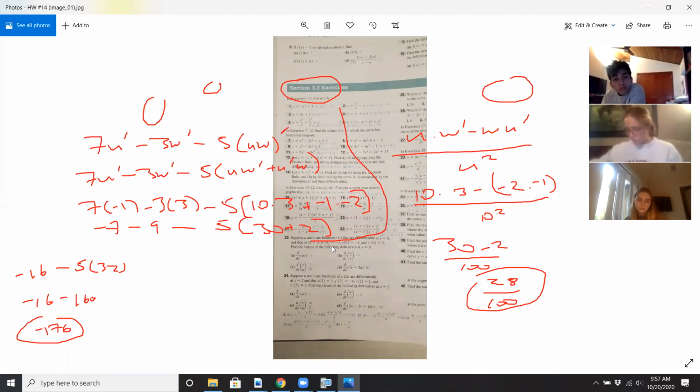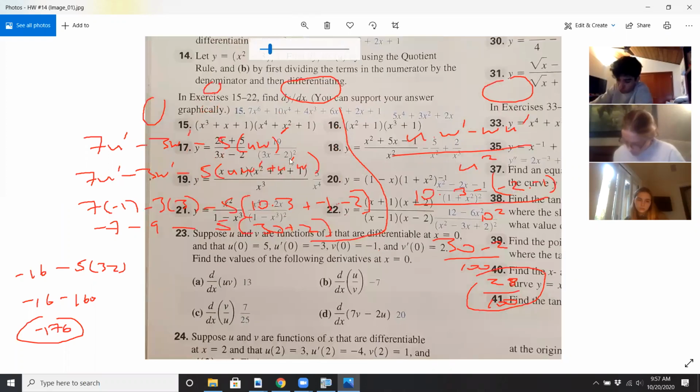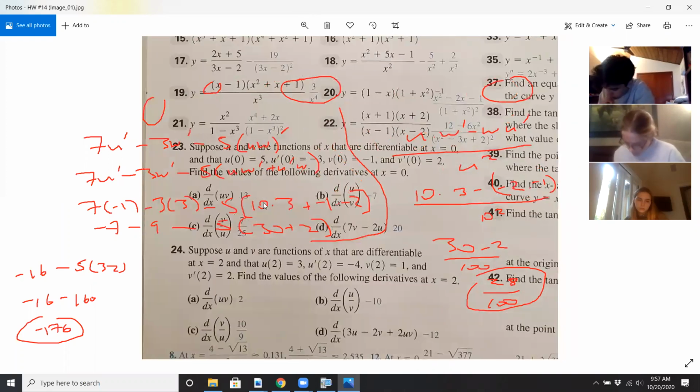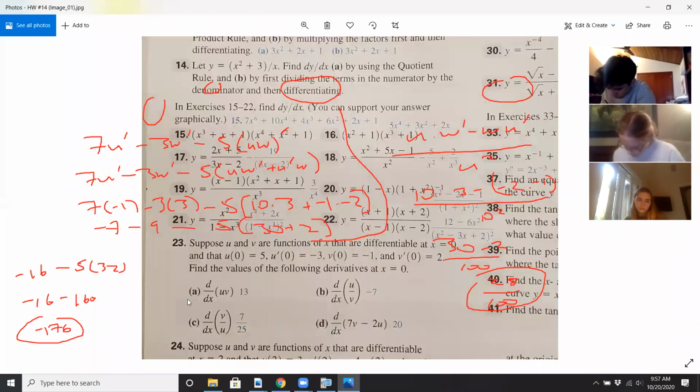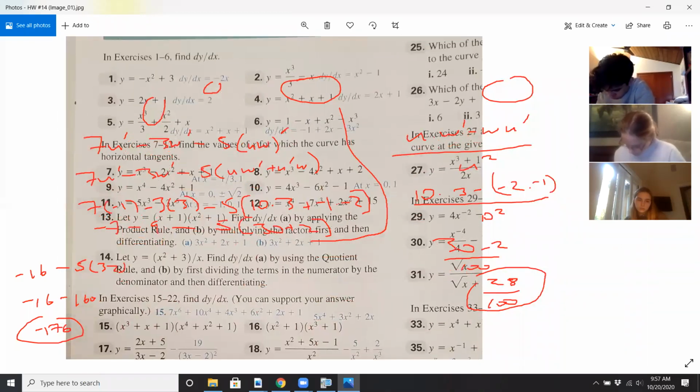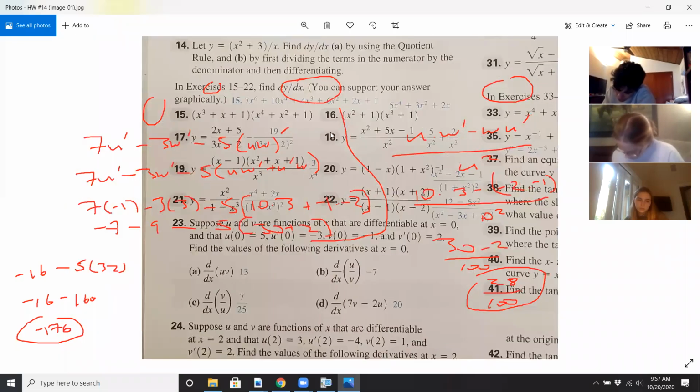Yeah, I see it right there, number 23. So number 23 is very similar to what we just did, and the answers are right next to it in blue. So you definitely have that opportunity to practice that. If you like to do more practice, you can do the evens. I'm only assigning the odds, just so you know. But yeah, you totally can practice that.